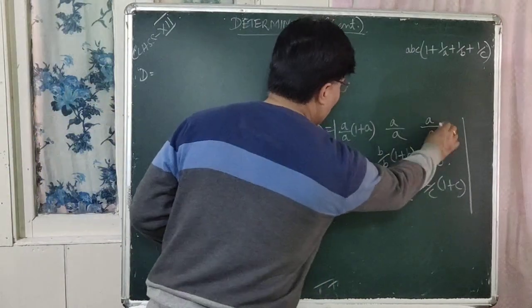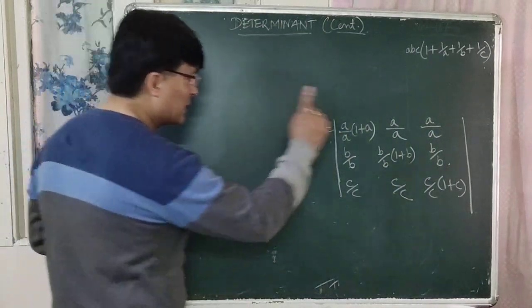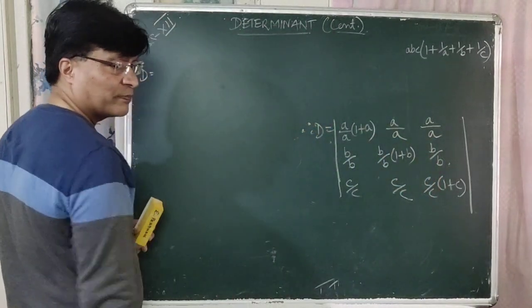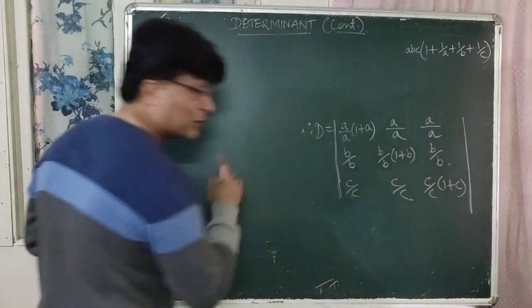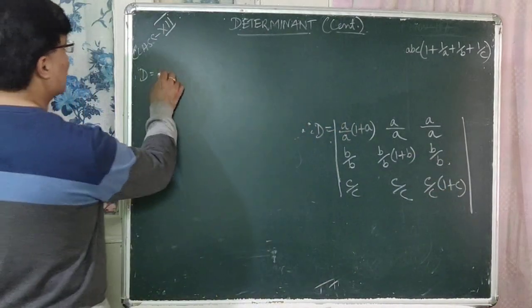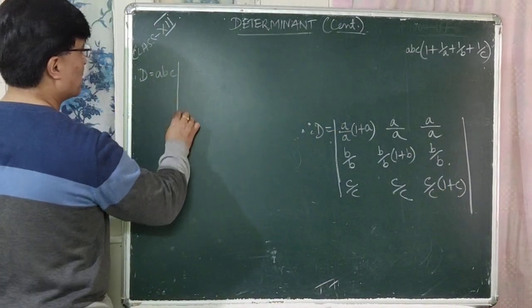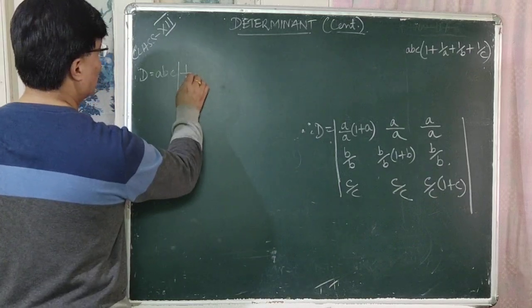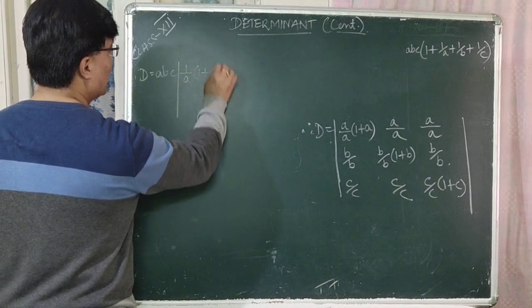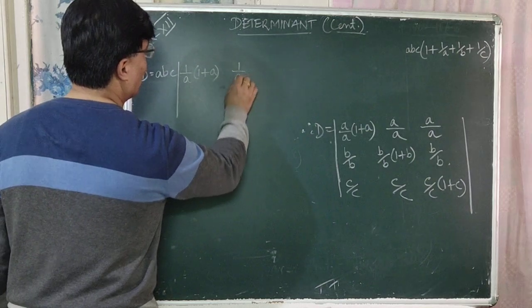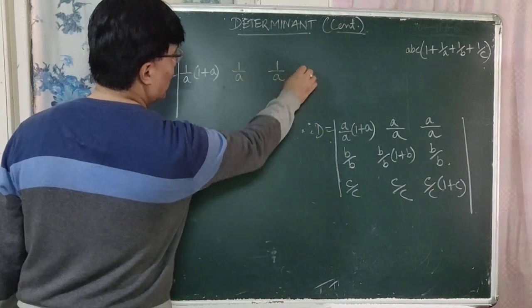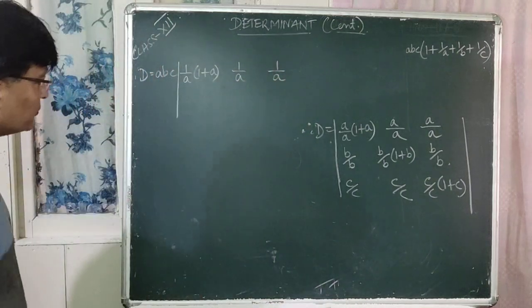Let us take A common from the first row. Let us take B common from the second row. Let us take C common from the third row. Okay? So what do we get here? It is ABC. Now what is the first row? 1 upon A, 1 plus A, then 1 upon A. This is also 1 upon A, right?